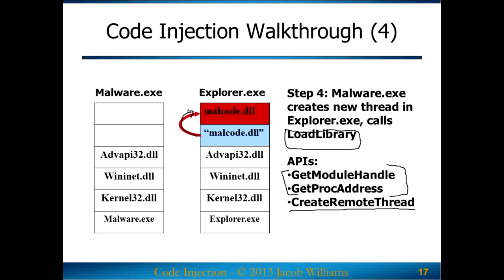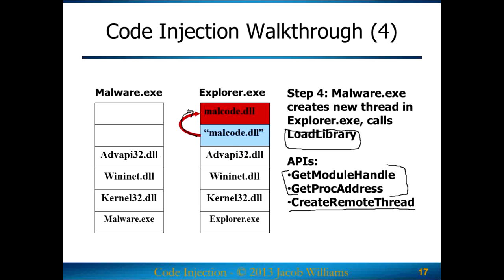Now, this is kind of interesting because what happens when malcode.dll executes is that a special export from the DLL called DllMain is executed. Normally in malware, DllMain will start a brand new thread of execution and go about doing its nastiness.